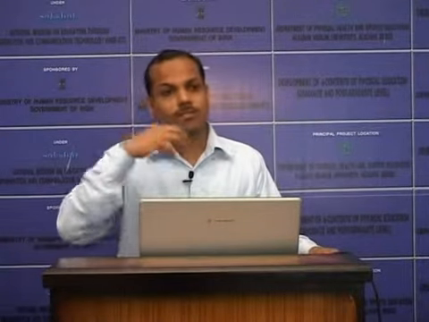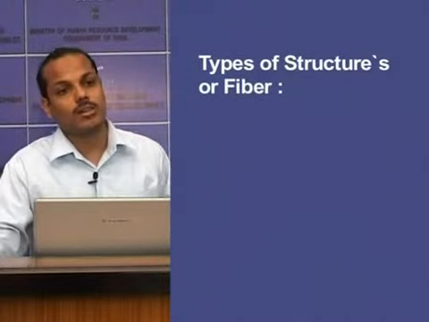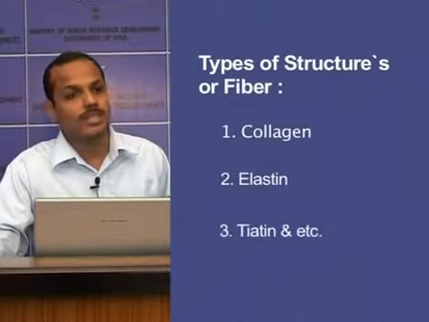The second factor which determines flexibility is the muscle's elasticity and length. There are different types of structures, fibers, present in the muscle. These are collagen, elastin, titin, etc. Collagen fibers are white fibers, which provide structure and support.